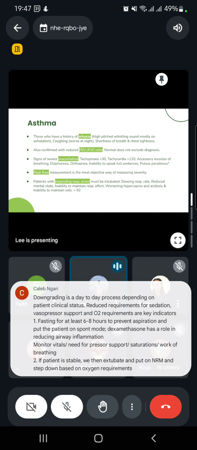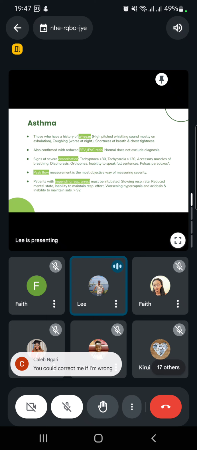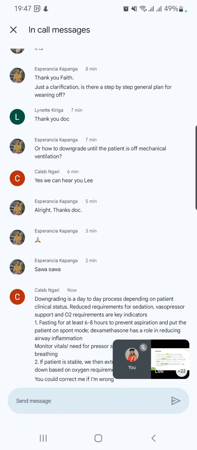Now, if we can start, we can check for asthma. So generally, the diagnosis of asthma would come about because you've had that wheeze or a cough and shortness of breath and chest tightness. We all know the diagnostic criteria for that, as well as checking your FEV1 to FVC ratio. And then we need to consider your signs of asthma exacerbation.